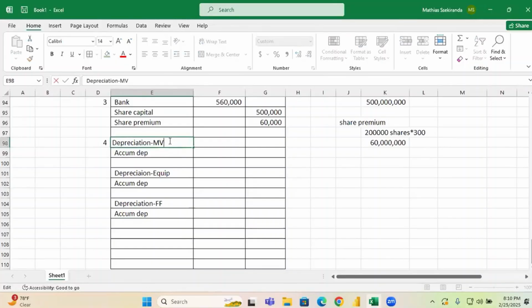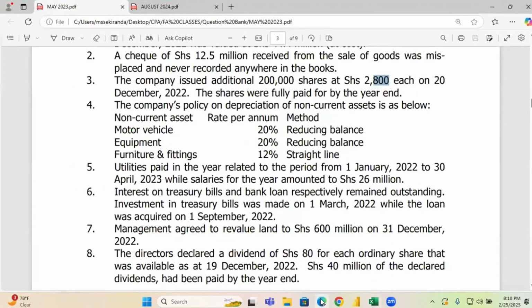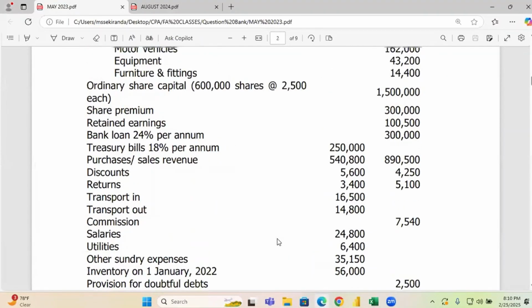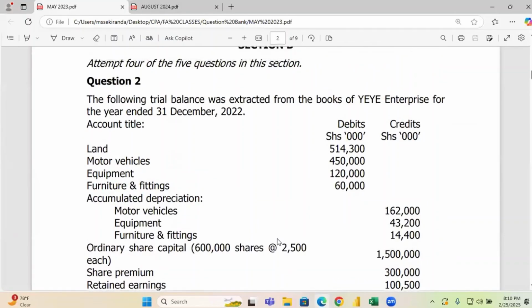So how do we compute depreciation? Motor vehicle, they are telling us 20% reducing balance. And with reducing balance, depreciation is made on the net book value. So we go back and see. Motor vehicle, we have 450 as a cost. Its accumulated depreciation is 162.